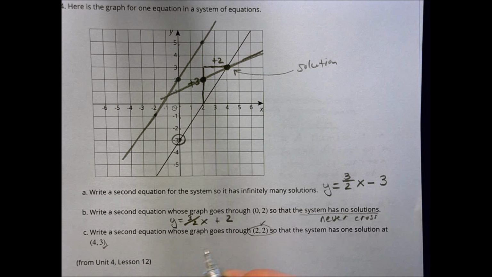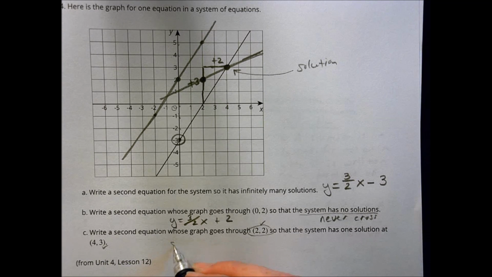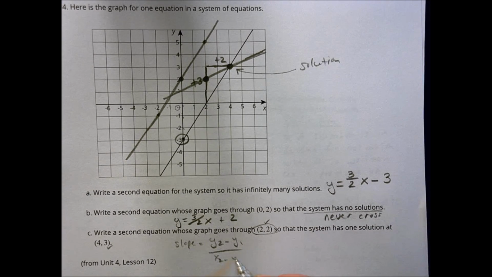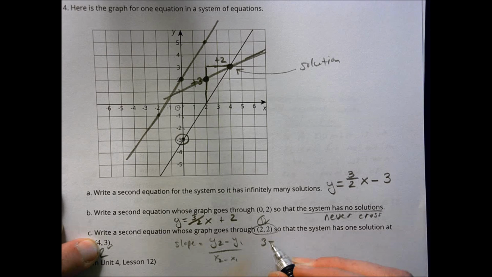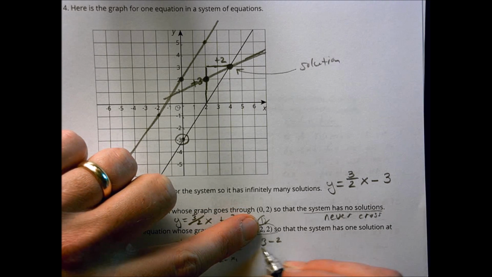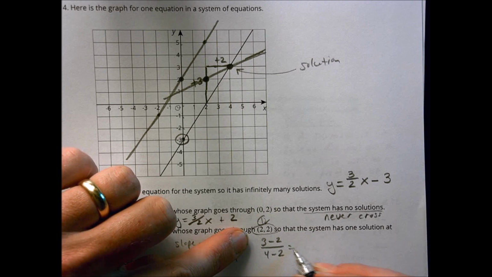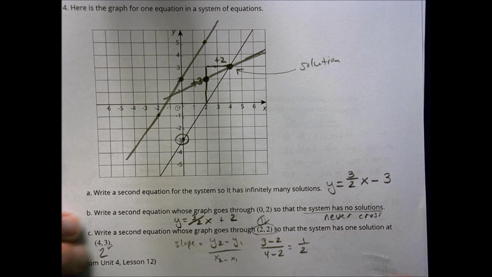So to find the slope, I do y2 minus y1 over x2 minus x1. It doesn't matter which one you use, it's okay. We can call this our y2, and we can call this our y1. So we can say 3 minus 2 over 4 minus 2, which equals 1 over 2. So my slope is going to be a half.